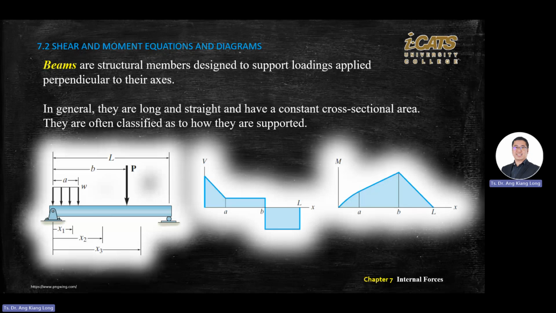Then you pick the space that you have there. One space is X, and the first graph is the V versus X graph. The bottom one is M versus X. So it's always in this form. Then you will see the relationship between the shear and the moment. So this is the way, behind the screen, how you do the analysis.